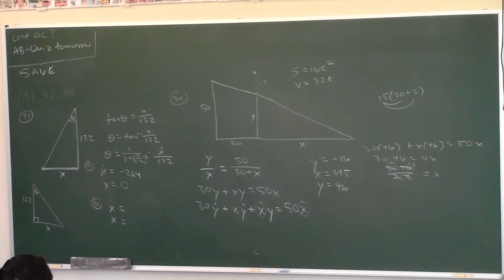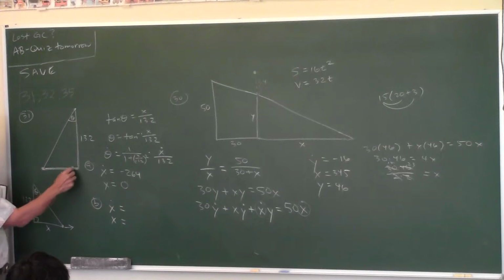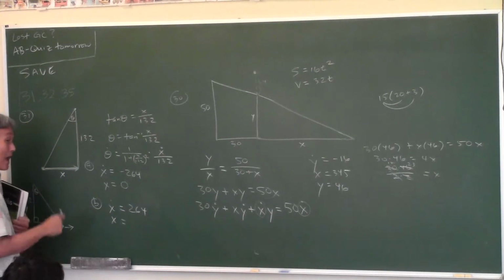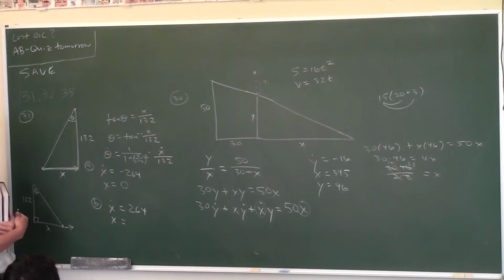Okay, what do I plug in for x dot now? Young, x dot is, now the car is over here. The car is going that way. Well, in the first problem, when x is going that way, x dot was negative 264, so if it's going that way, positive 264. And then half a second later, what do I plug in for x?